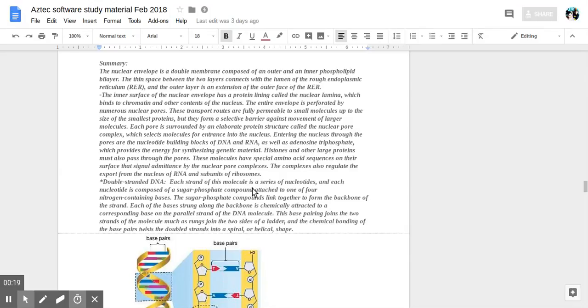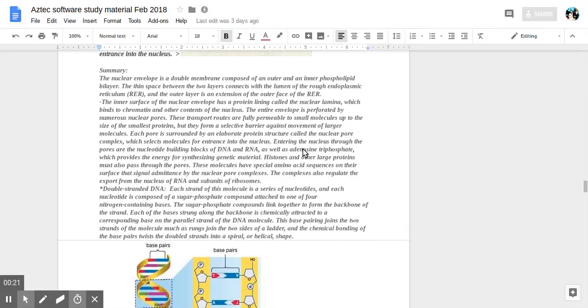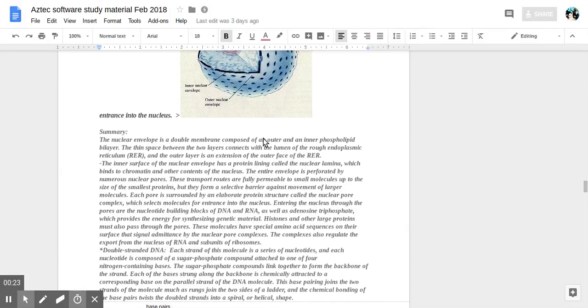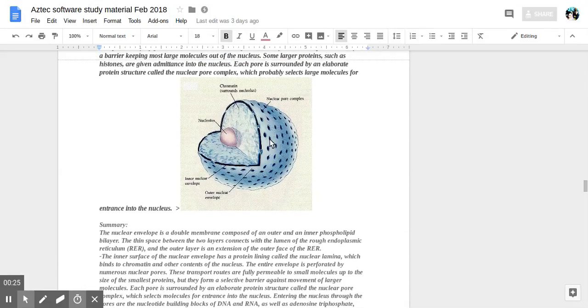So we were going over what the nucleus consists of. It has a nucleolus, which is the part of the nucleus that makes subunits of the ribosome. Ribosome makes proteins off of our RNA template.